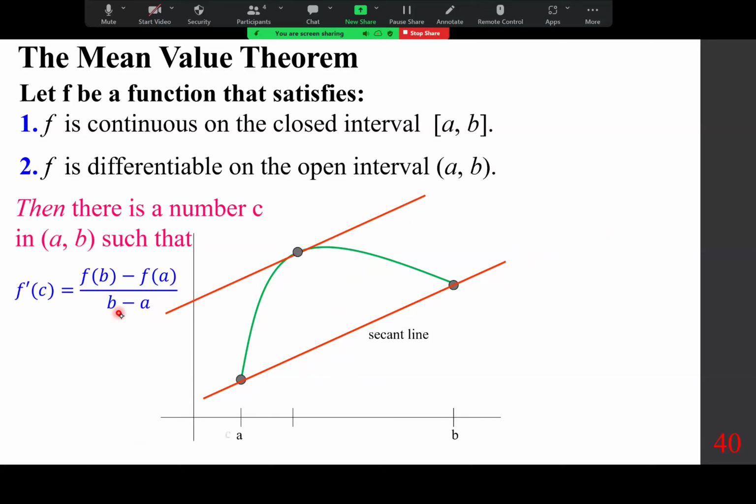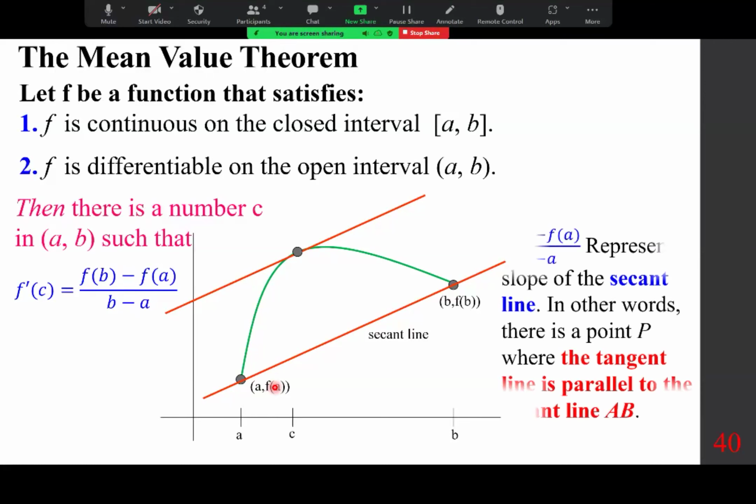We are looking to find this point, C. So this is A, f of A. This is B, f of B. And so f of B minus f of A over B minus A represents the slope of a secant line. In other words, there is a point P where the tangent line is parallel to the secant line AB.